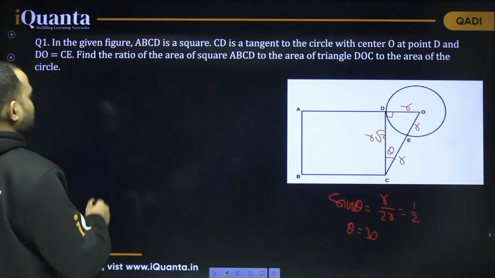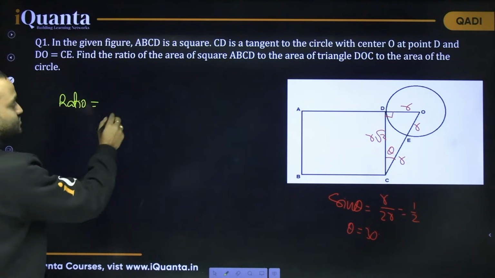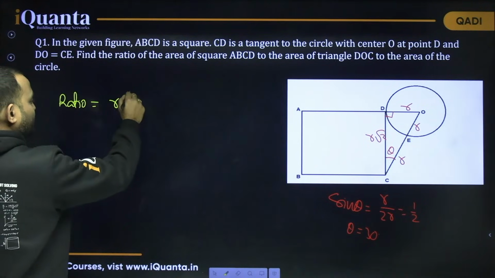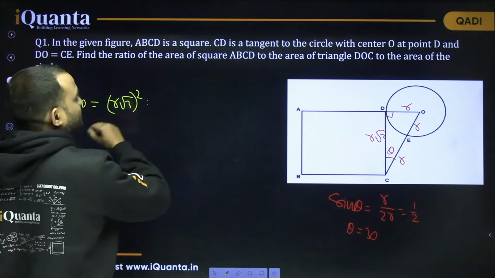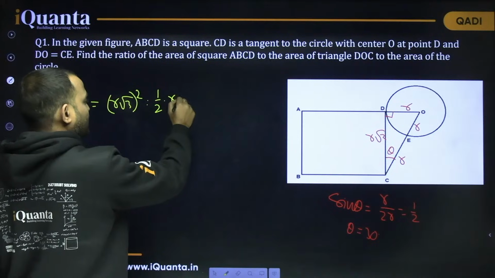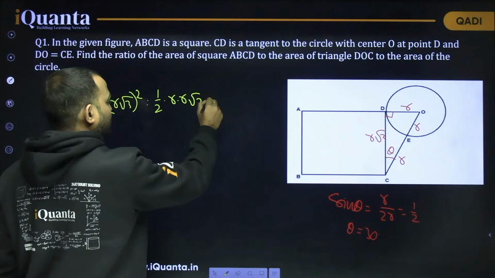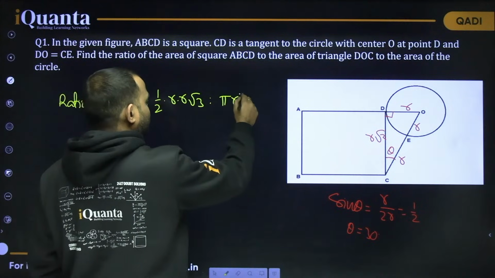So now if we find the ratio, it says find the ratio of the area of a square. Area of a square will be r root 3 whole square is to half area of the triangle DOC, half into r root 3 is to pi, and radius is r, so pi r square.